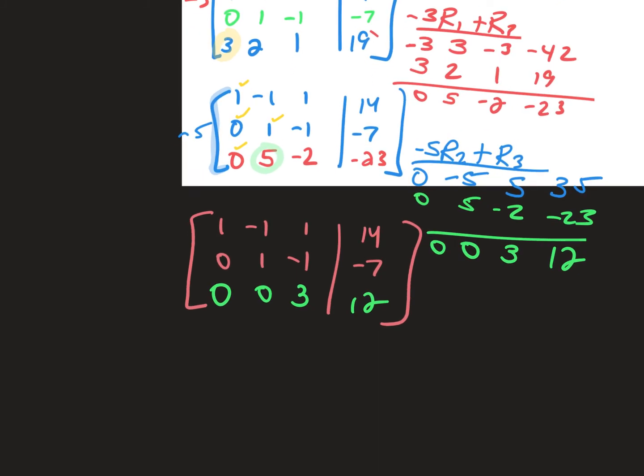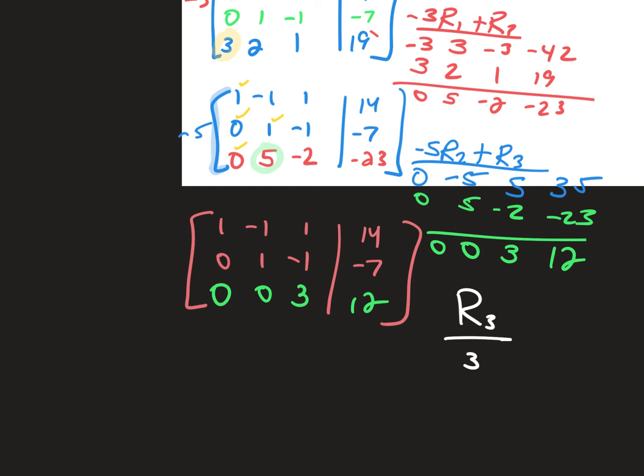All right, so I'm good with the first row. I'm good with the second row. I'm really close with that third row, but I need that 3 to become a 1. Divide what by 3? The last row. Yep. Can I divide that whole last row by 3? Yeah. That's generally your last step. When you guys get really close, it's like, oh, let me see if I can do anything with that third row.